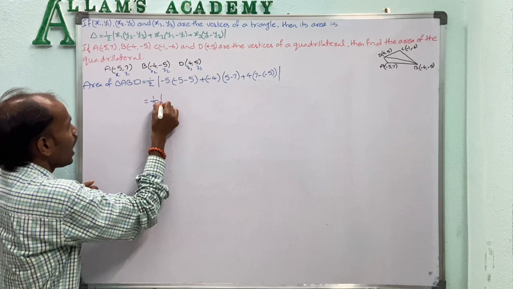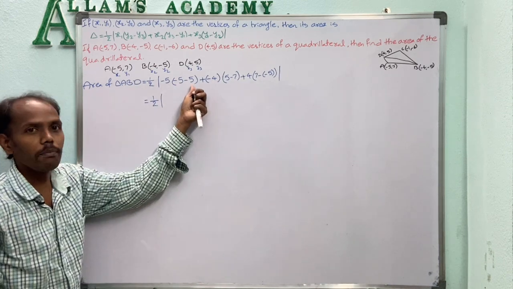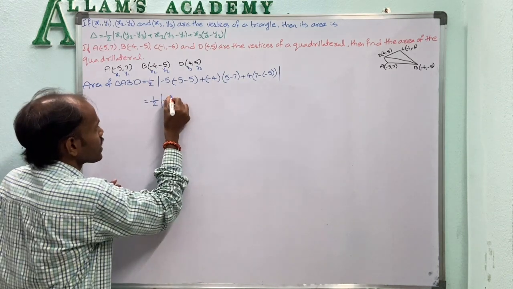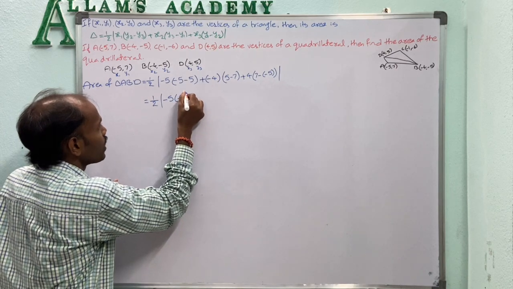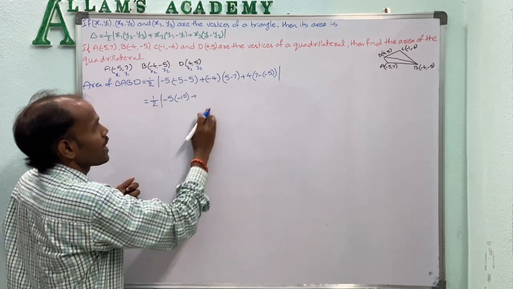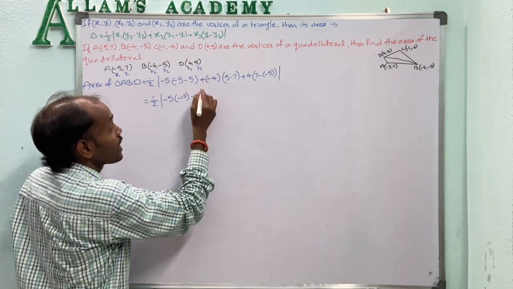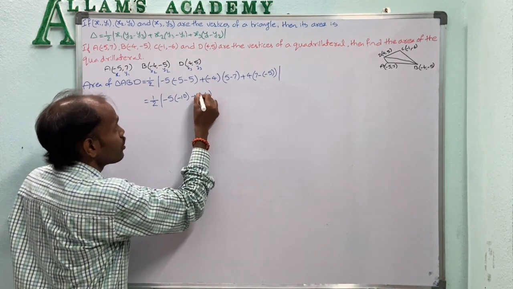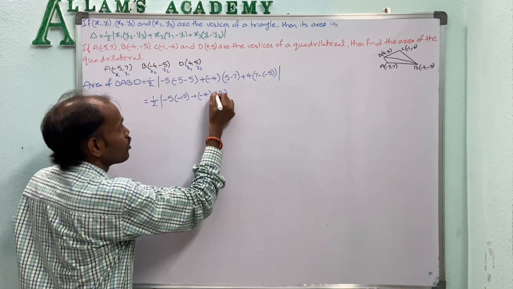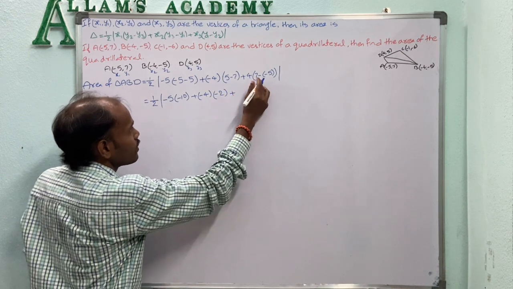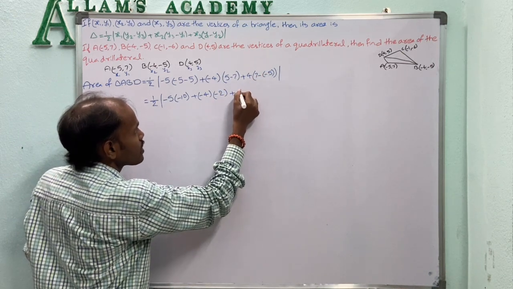That equals half mod of -5 into -10, plus -4 into -2, plus 4 into (7 plus 5).